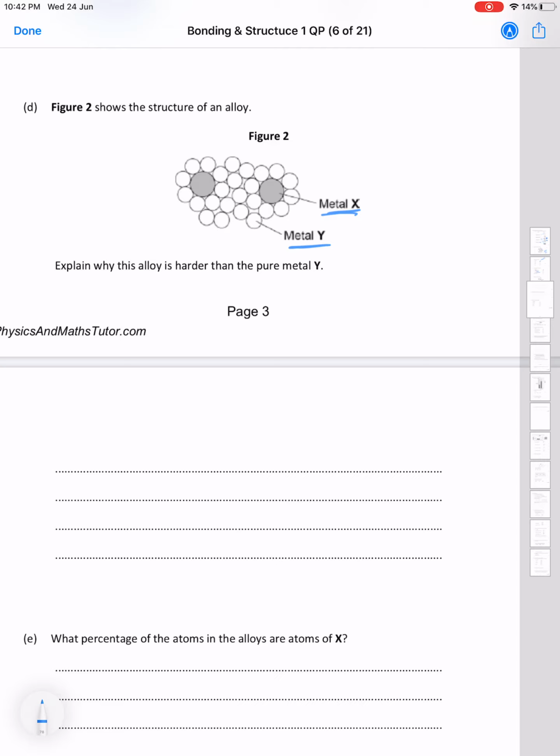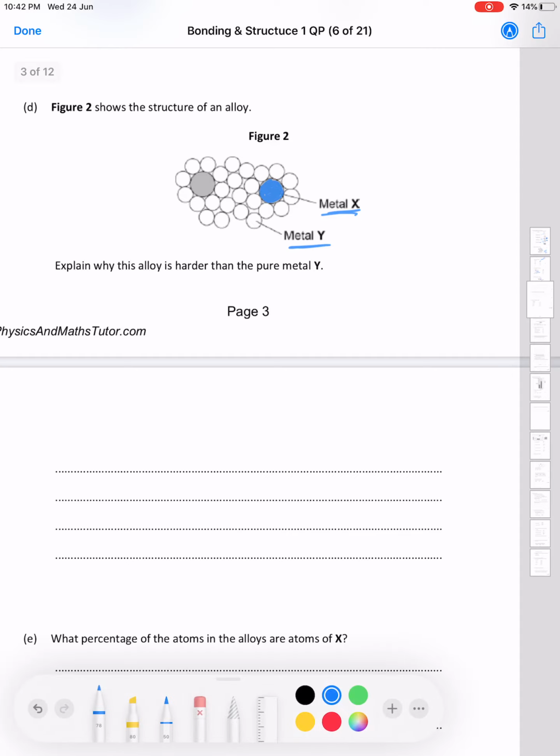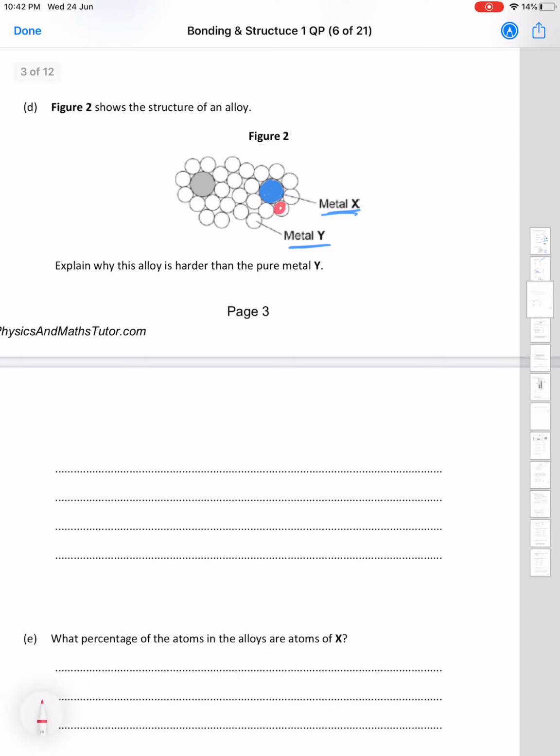Okay, now if you look here, you will find that the size of metal X is way bigger than the size of metal Y. Metal Y is smaller.